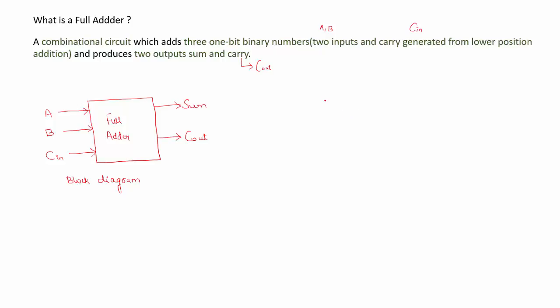Now we'll write the truth table of a full adder. Since there are three inputs to the full adder, n is 3. So when n is 3, we know we'll have 2 power 3, that is 8 input combinations.